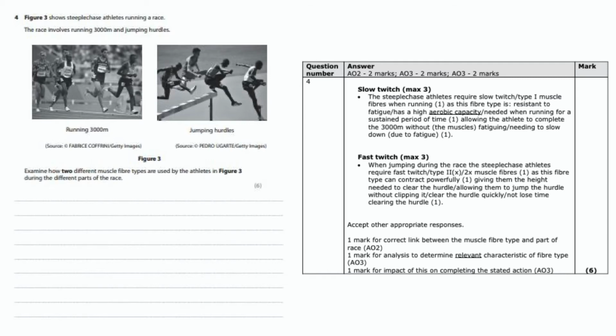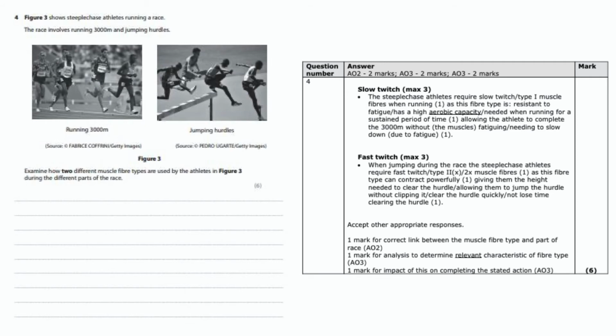So something along the lines of slow twitch muscle fibers are resistant to fatigue. So as simple as that, you're going to be getting your second mark. The third and final mark for that part of the question needs to link to the performance of the runner. So something along the lines of this type 1 muscle fiber will allow the athlete to complete the race without tiring or slowing down.